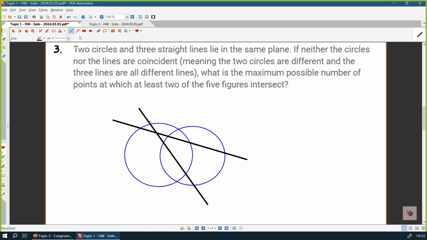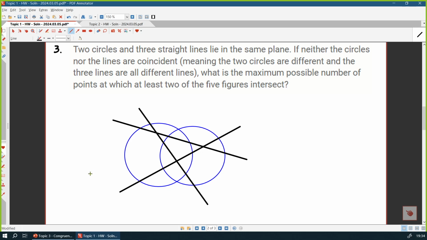Well, note that you want to make the number of intersections the most. So each line must cross with each circle and the other lines. And then we can add another line here, right? Each pair of lines can meet in at most 1 point of intersection.